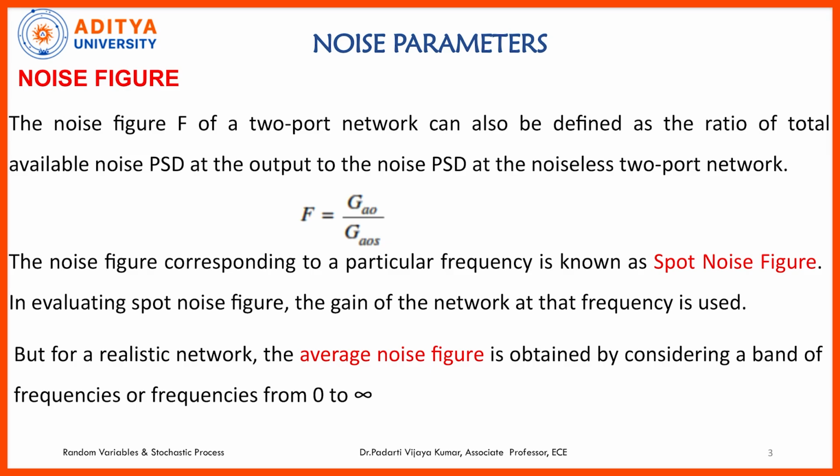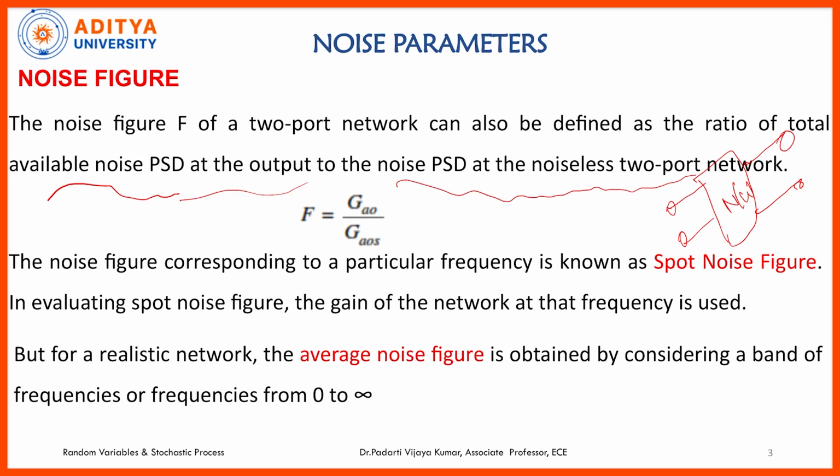Okay. So, we will define what is meant by noise figure. Generally when you take a two-port network, two-port network means a network which consists of 4 terminals, input terminals 2, output terminals 2. When you take a two-port network, the ratio of available noise power spectral density at the output to the noise power spectral density at the output of a noiseless two-port network.